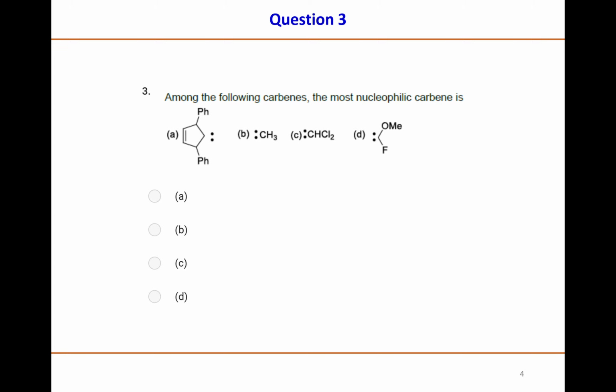Here, among the following carbenes, the most nucleophilic carbene is. So what's the criteria for a nucleophilic carbene? Anybody? So we'll discuss what is nucleophilic carbene.